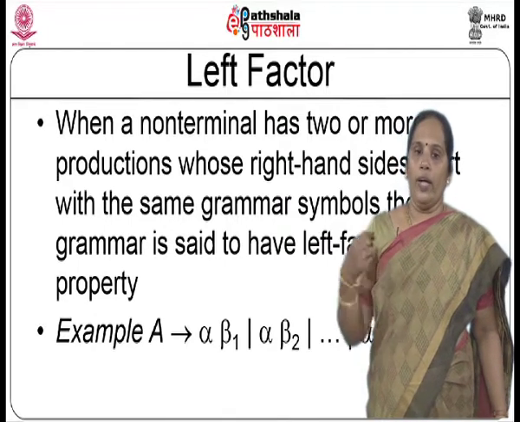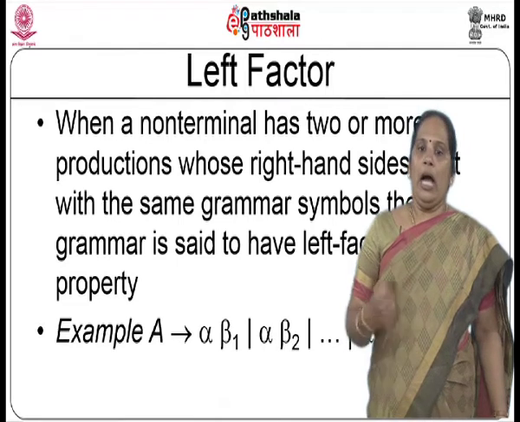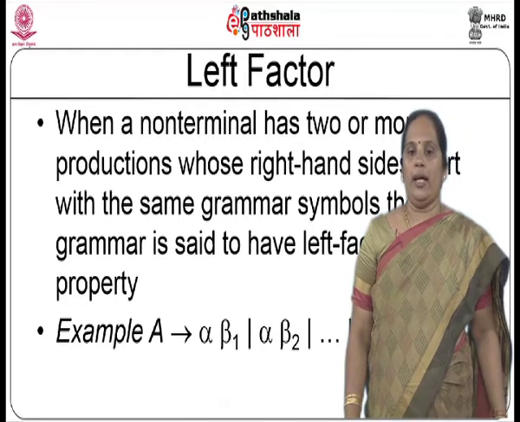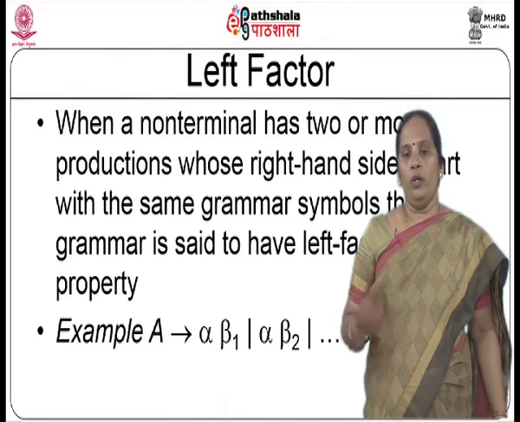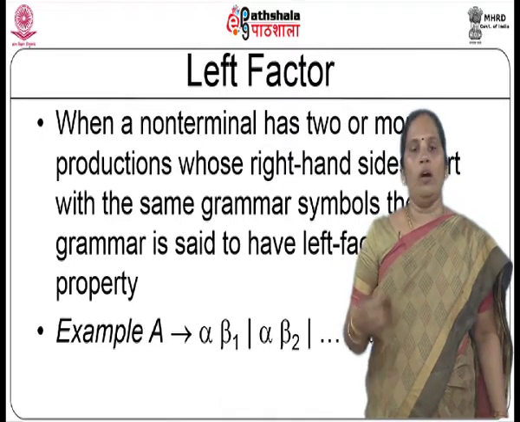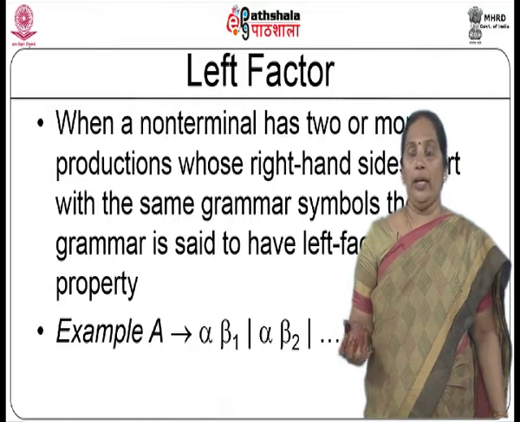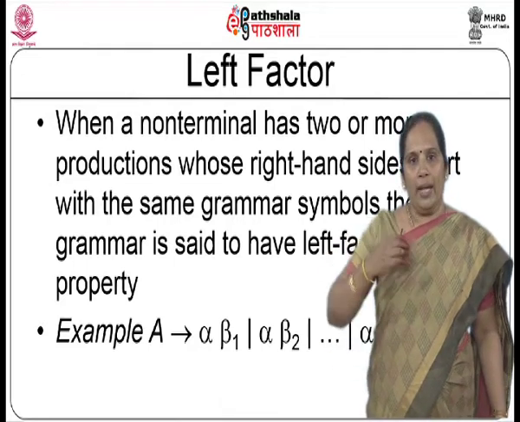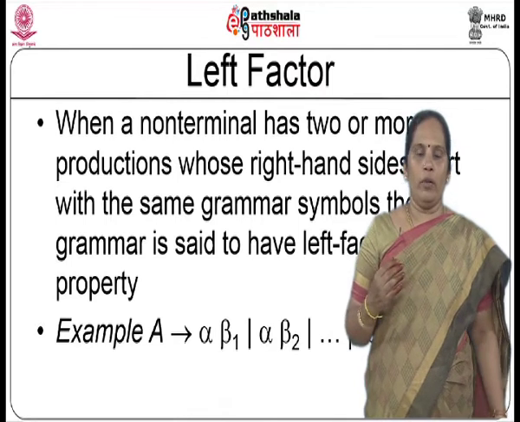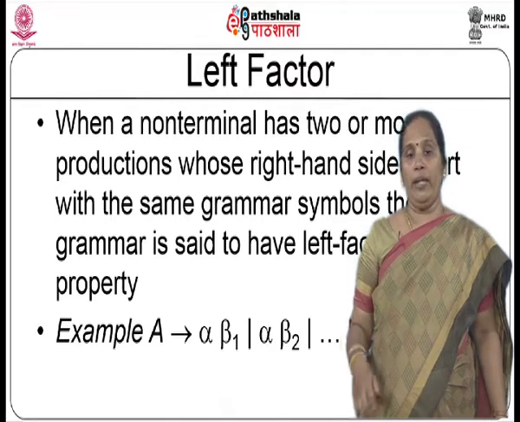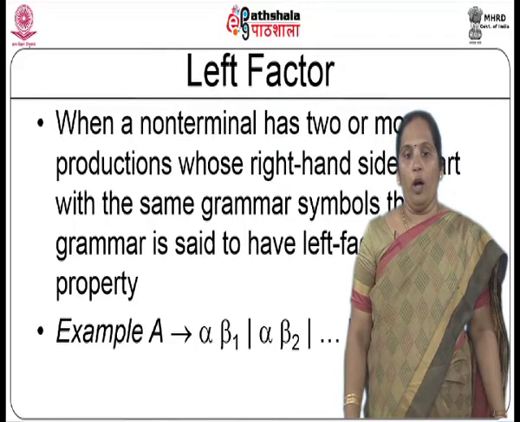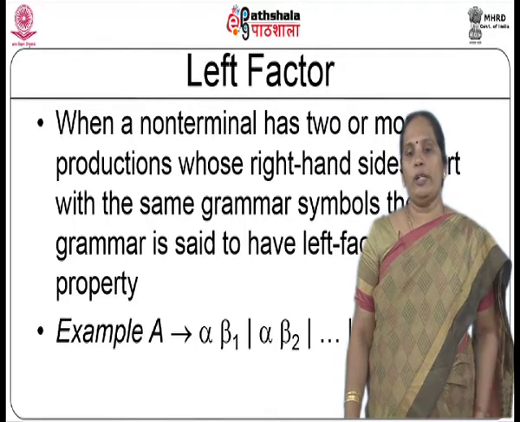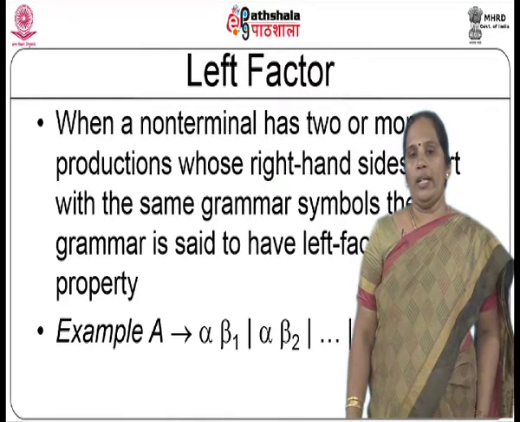So, when you are trying to parse a particular string, until you go past alpha and see beta, you will not know whether you will encounter beta 1 or beta 2 or beta 3 etc. up to beta n. So, you may have to backtrack a long way up, okay, and then start applying an alternate production. So, this alpha is the same for all these productions. So, this has to be removed. That is why we call it left factoring.